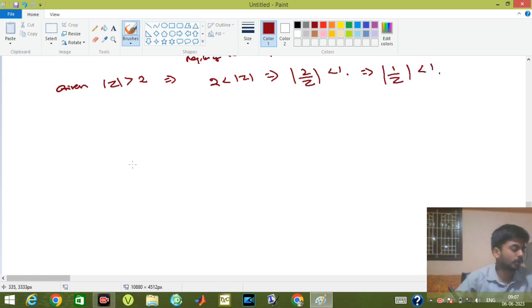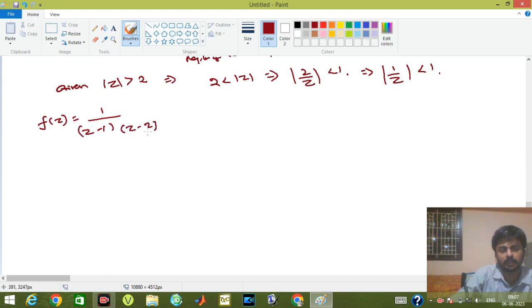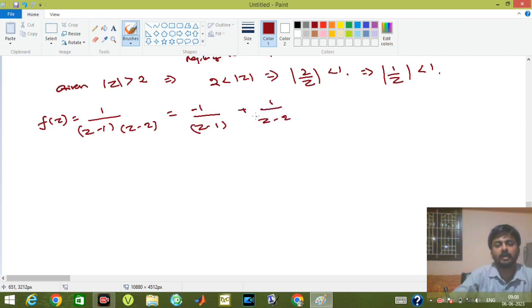Okay. So now in the expansion of f of z, f of z equal to 1 divided by z minus 1 into z minus 2, that can be written as 1 divided by, what is our a? A is minus 1 by z minus 1. Our b value is plus 1 by z minus 2, that you can verify in the previous step.